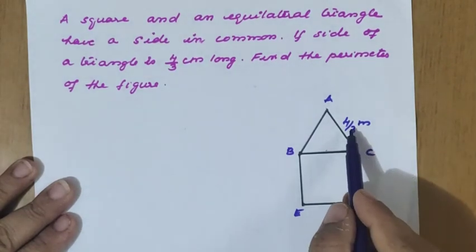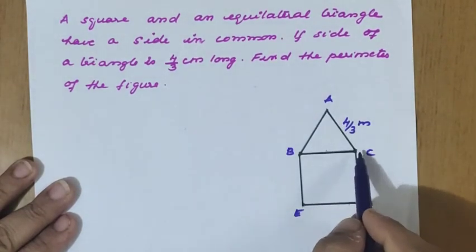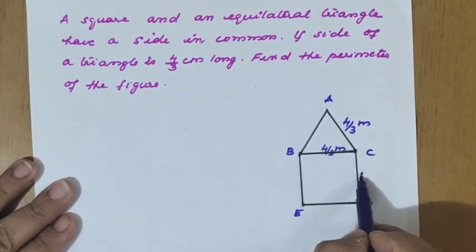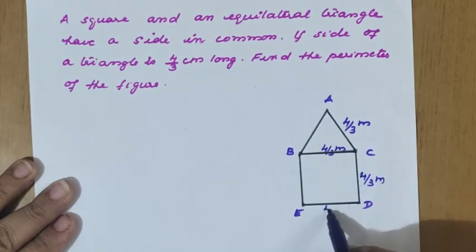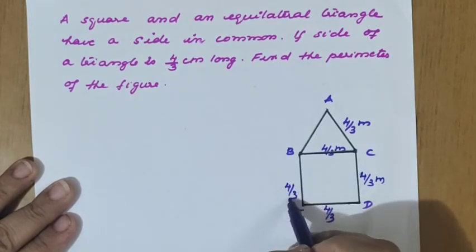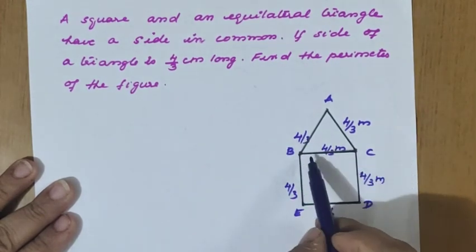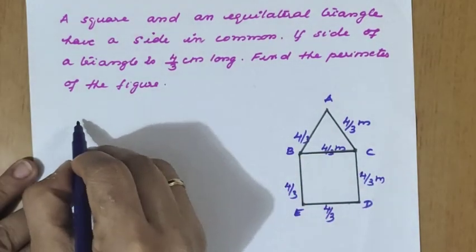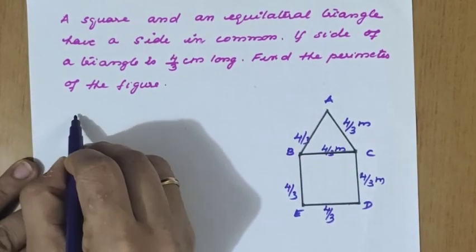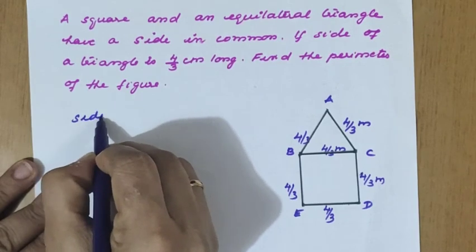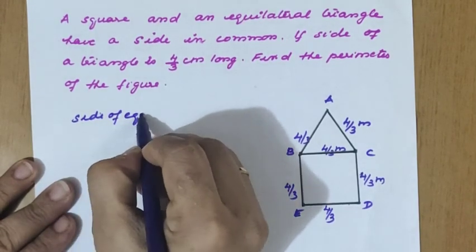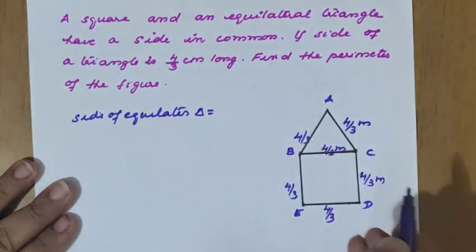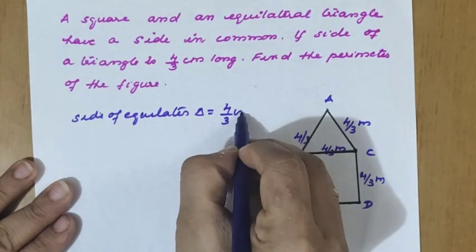Now the question is that if it is 4 by 3 and ABC is an equilateral triangle, what is the length here? 4 by 3 only. Here also 4 by 3, since it is a square. So I can write 4 by 3 here also. But the common side will not come when considering the perimeter of the figure, right? So we can write: side of the equilateral triangle is equal to 4 by 3 centimeter.